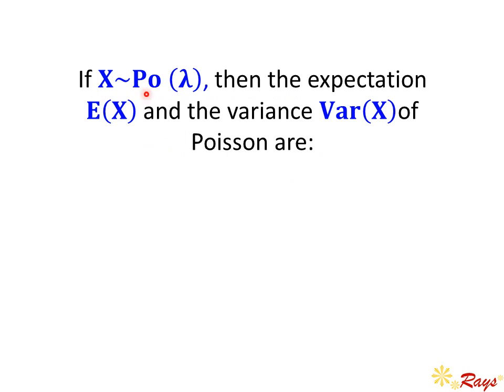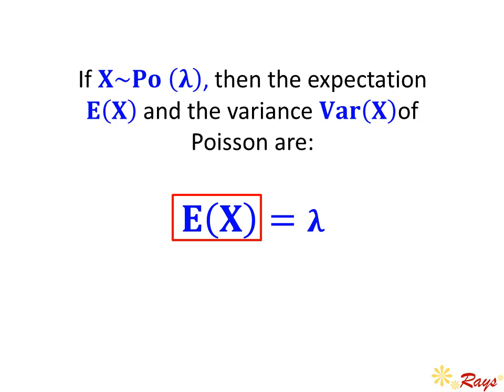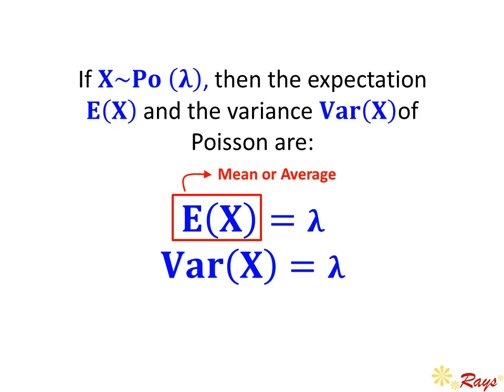If X is a Poisson distribution with mean lambda, then the expectation E(X) and variance of Poisson are just lambda. Remember that expectation is also mean or average, and the formula for variance as well is lambda.